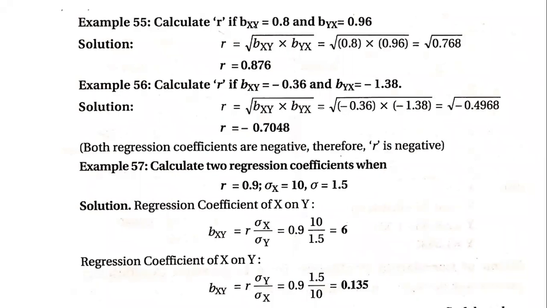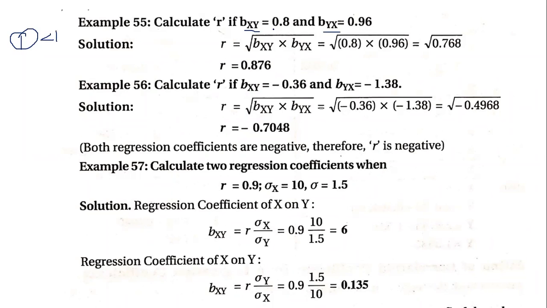Calculate R if bxy is equal to 0.8 and byx is equal to 0.96. First let us check the warnings. What is the first warning? Both bxy and byx should be less than 1.